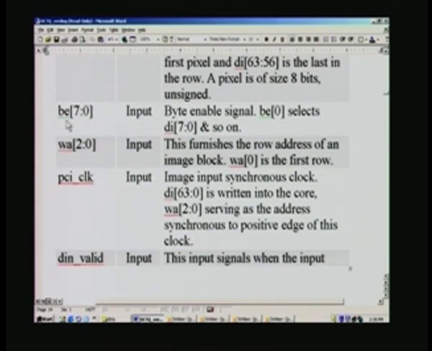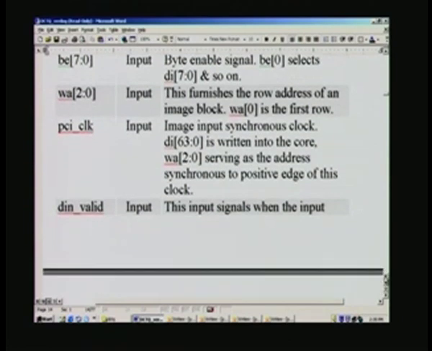So, you have this byte enable here, byte enable B0 selects DI 7 through 0 and so on, the higher order is selected by the 7, and we have seen this also, right, 0 is the first row address here, and 7 naturally is the last row address of the block, and the image input synchronous clock, that is the PCI clock here, and all the bits are written using this address, synchronous to the positive edge of this clock. So, we have to define for all the signals when it really happens, whether it is the positive edge or negative edge, whatever is the case, we will have to specifically spell it out.